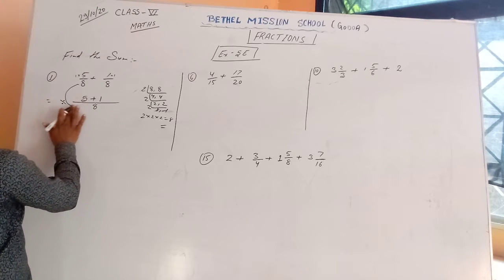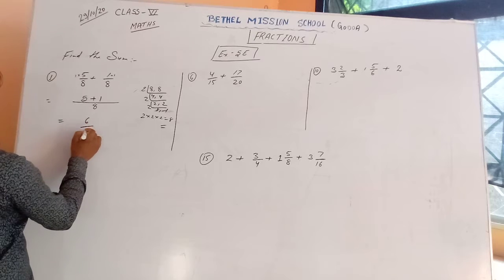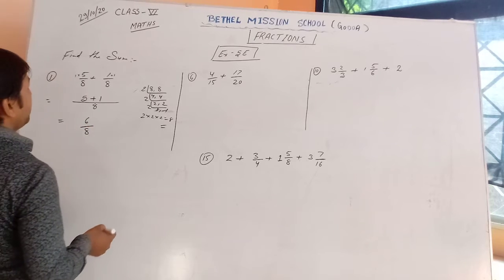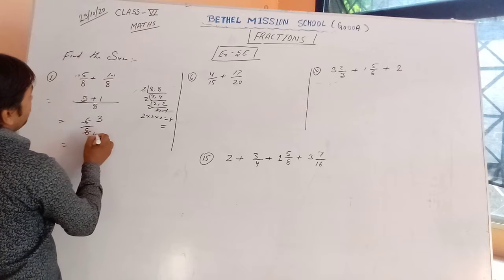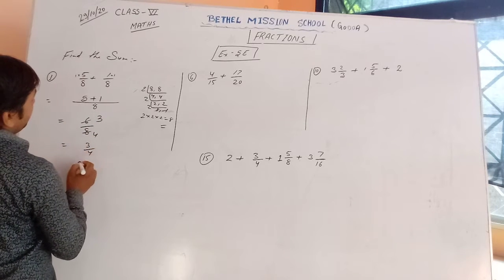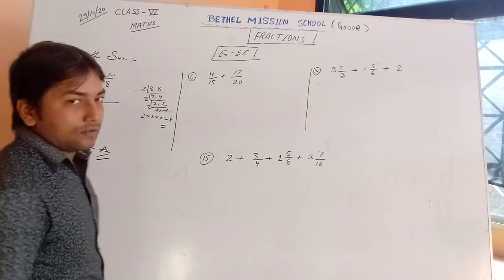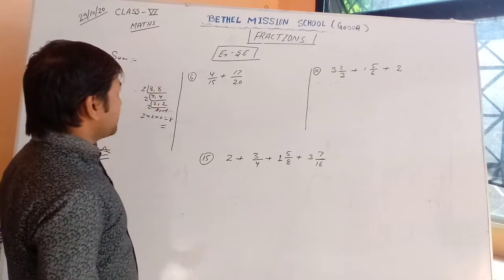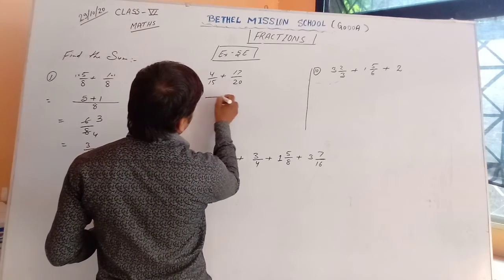Now add all that. 5 plus 1 is 6 upon 8, that can be cut by 2. 2 threes are 6, 2 fours are 8, 3 upon 4 would be the answer.